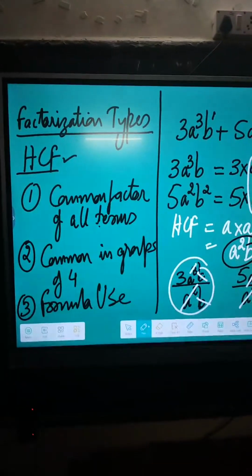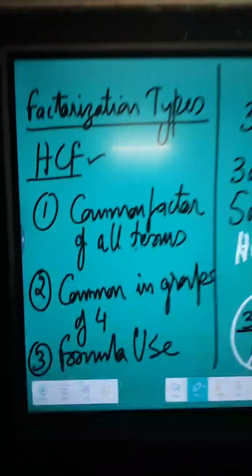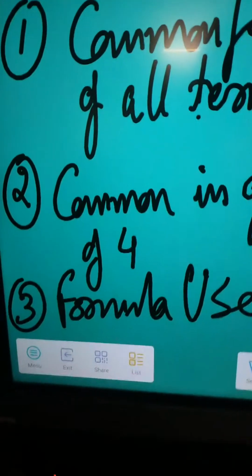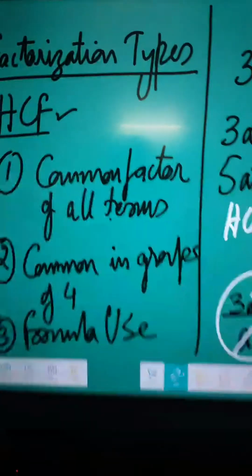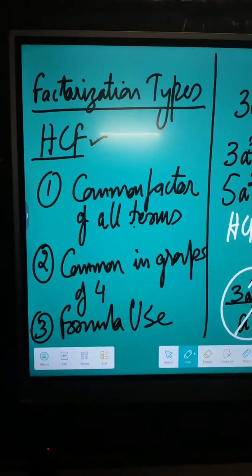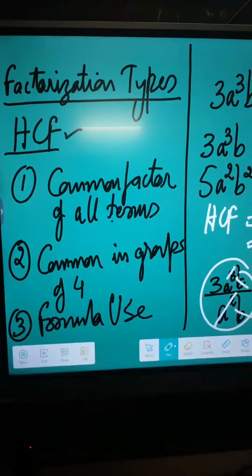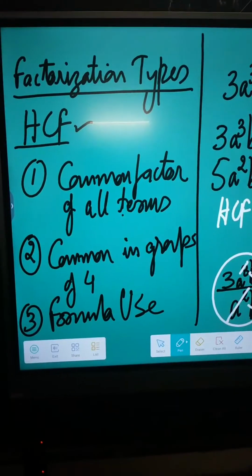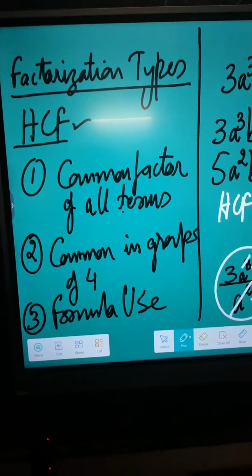If possible, in the evening or somewhere, I will take the questions from the exercise. So you can try exercise 5.5. We will do it in class also, and we will do it in recording also, so that if you want to understand again, you can understand by playing the video again.